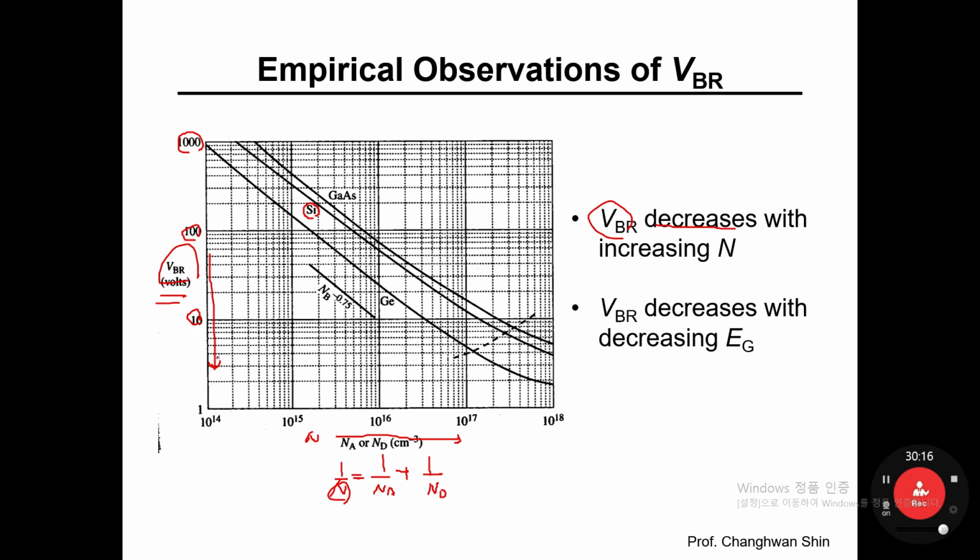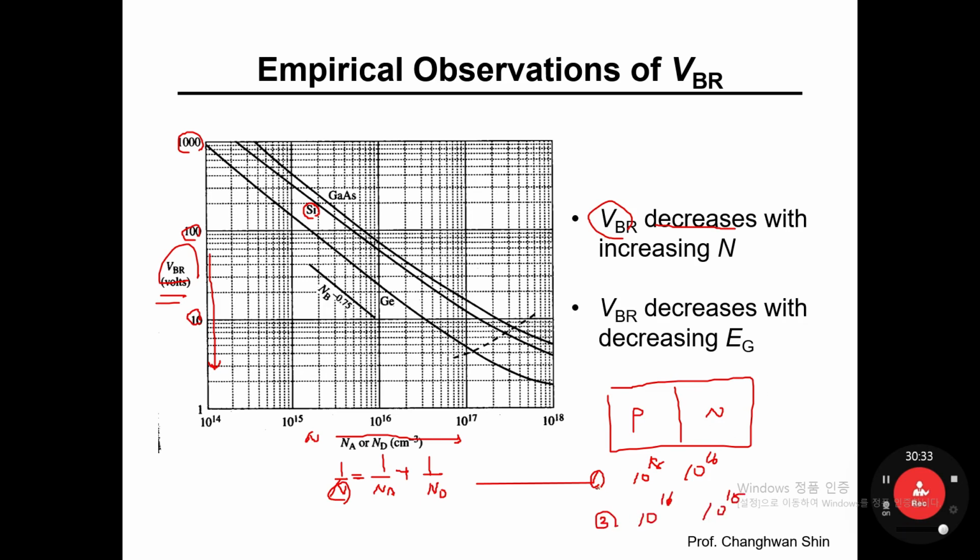Why is that? So you may imagine this. For a p-n junction, case number 1 is 10 to the 18, 10 to the 16. Case number 2 is 10 to the 16, 10 to the 15. Which number would give us higher breakdown voltage? Yes, number 1 has the lightly doped side at 10 to the 16, and number 2 has the lightly doped side at 10 to the 15. Once N is higher, breakdown voltage becomes lower.